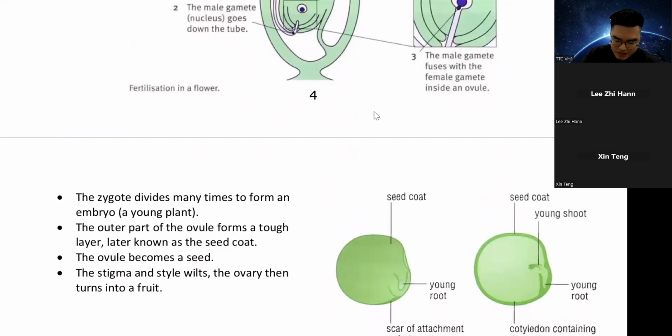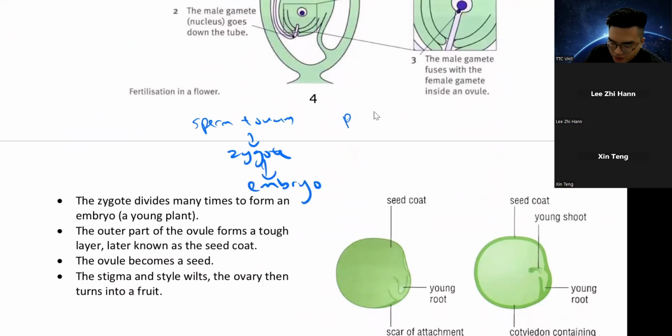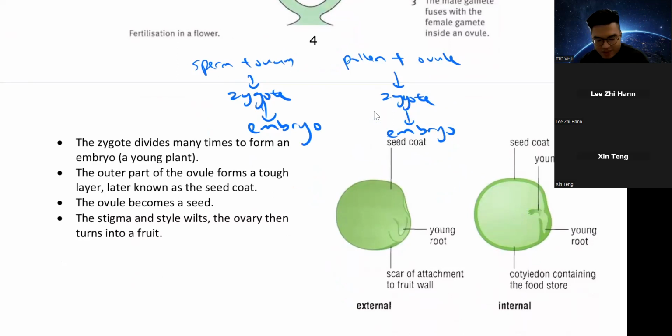For humans, sperm and ovum together, you will get a zygote, a single cell, and then an embryo. For plants, the same thing. When pollen combines with ovule, you get a zygote and you get an embryo. So the embryo is inside the seed. Can you see? Embryo is inside the seed.